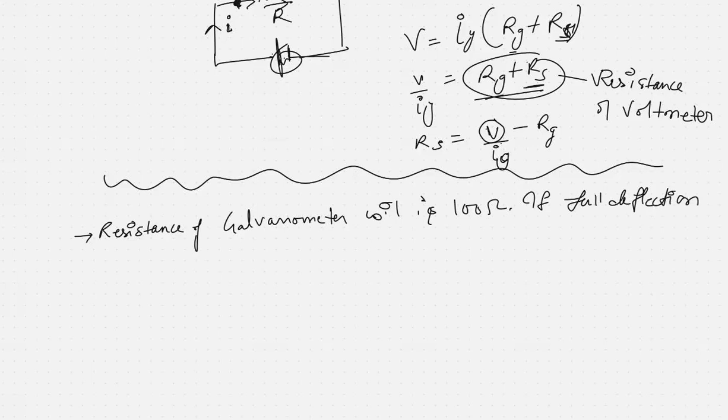I will tell you what full deflection is. Full deflection has the same meaning in the case of an ammeter, voltmeter or galvanometer. Full deflection current is 1 milliampere.